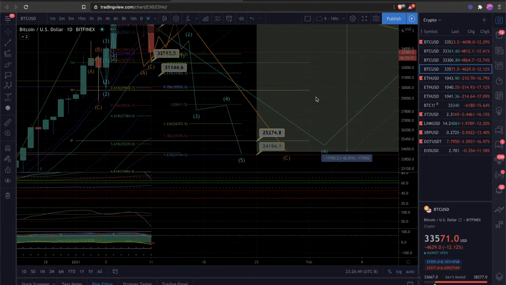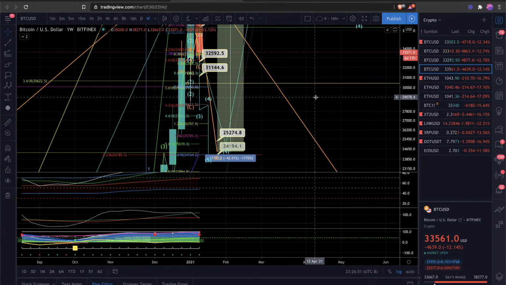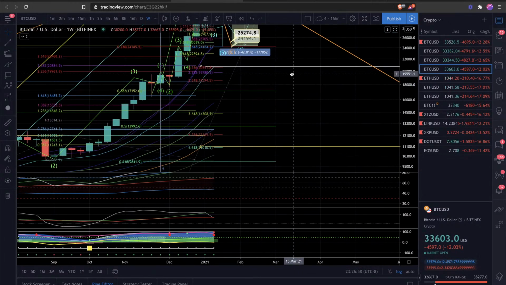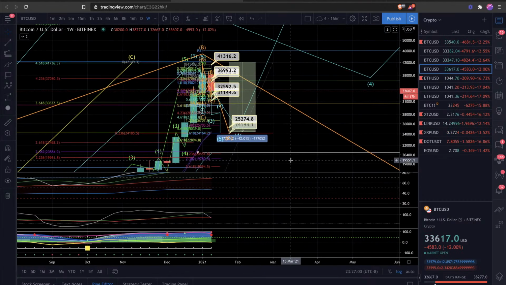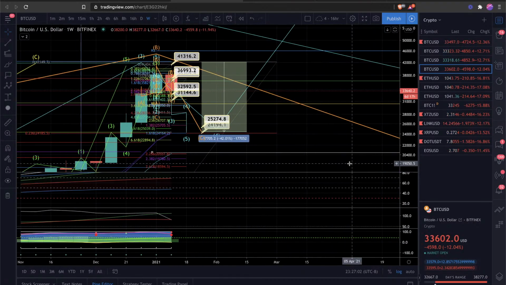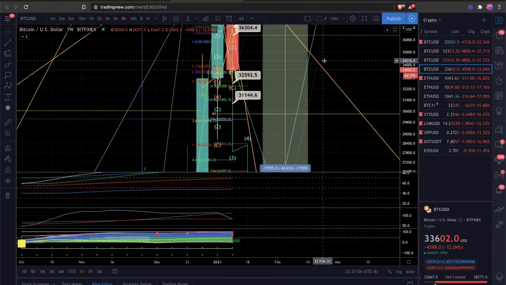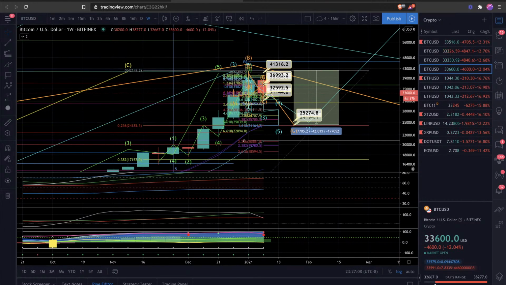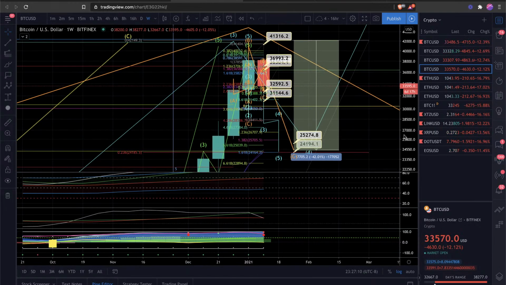And real quick, let's look at the weekly. I don't think we have any new pivots on the weekly. Oh, we do actually.